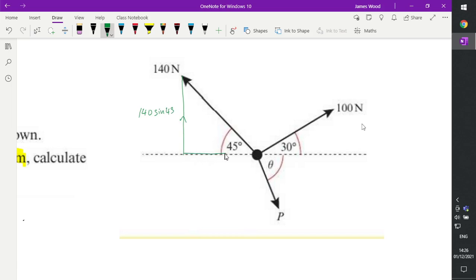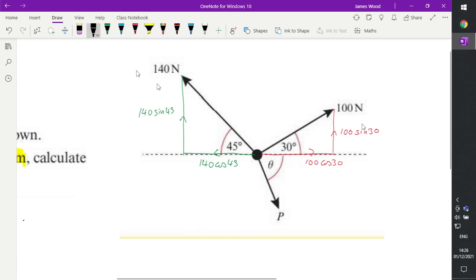And then we've got a horizontal component of 140 cos 45. Now let's resolve this other force, the 100. So it's got a vertical component of 100 sine 30. And it's got a horizontal component of 100 cos 30.